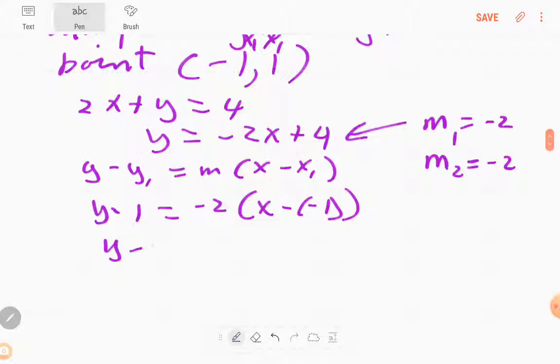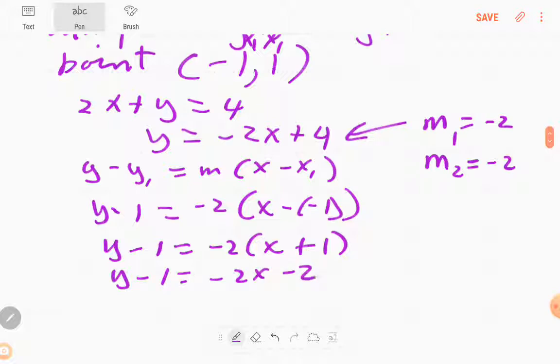So we have y minus 1 is equal to minus 2 times x plus 1. Now distributing, we get minus 2x minus 2. And now add 1 to both sides. So y is equal to minus 2x minus 1.